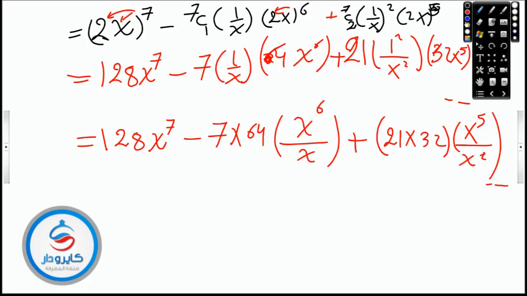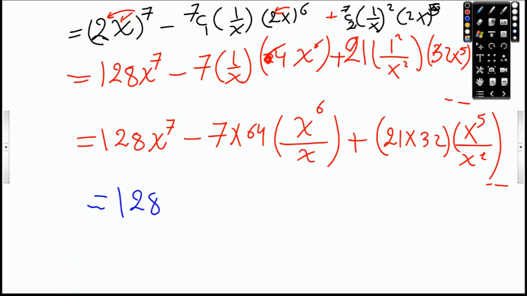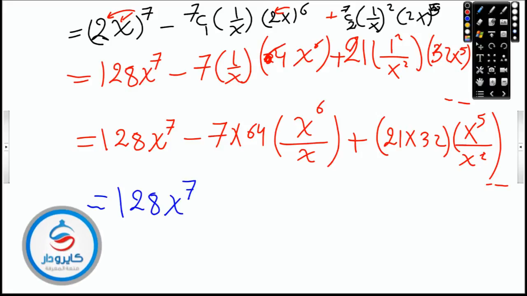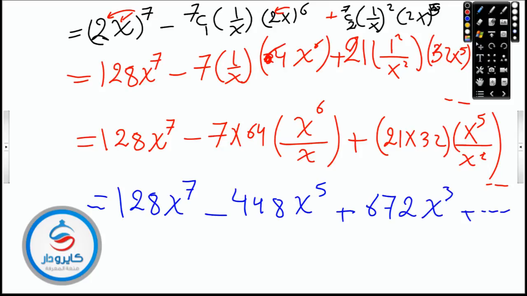Our terms will be 128 x power of 7 minus 448 x power of 5 plus 672 x power of 3 and so on.